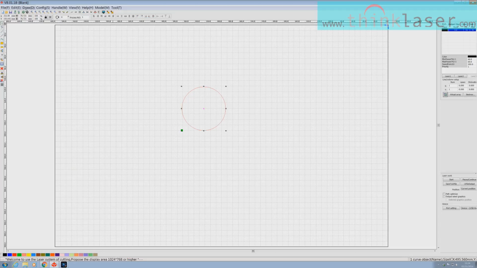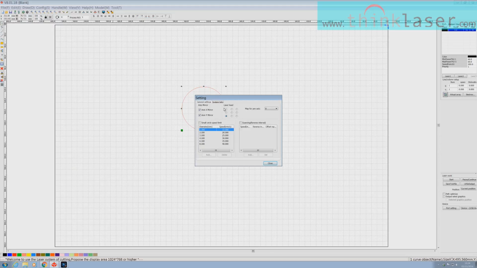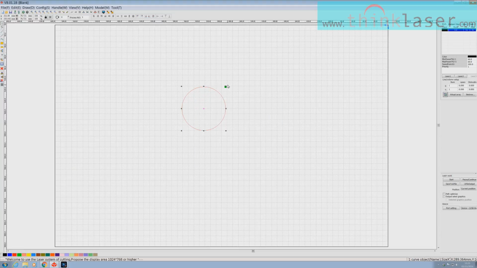Now, if we change the coordinate system with the config system setting to that one, which is where we've got our datum over in that corner, it'll be written in x minus and y minus numbers.